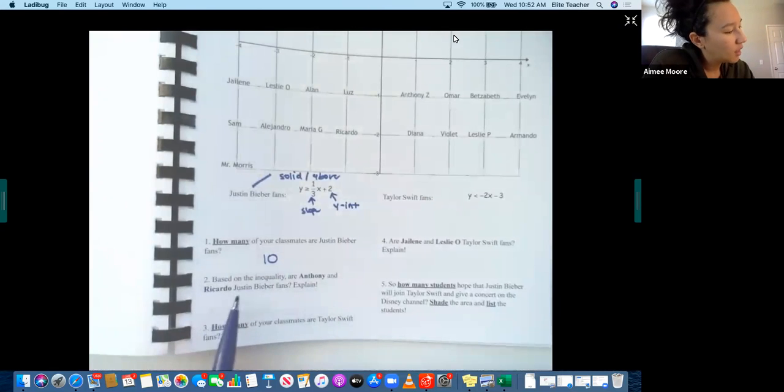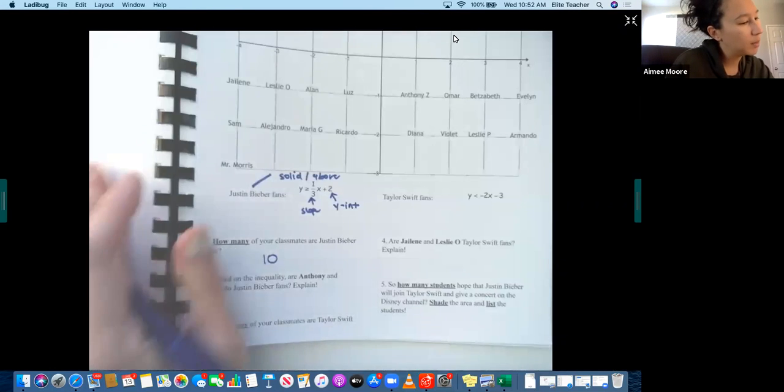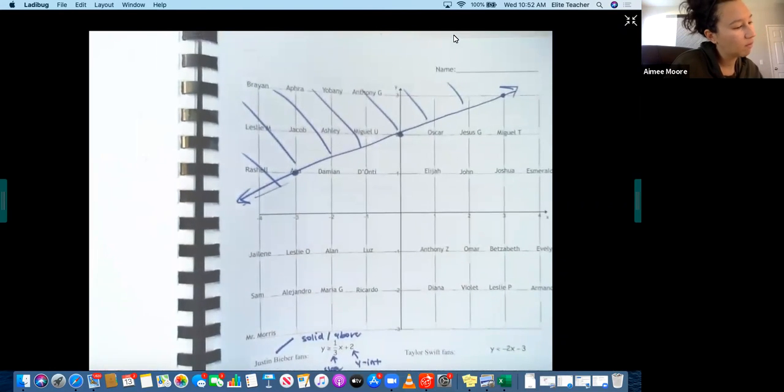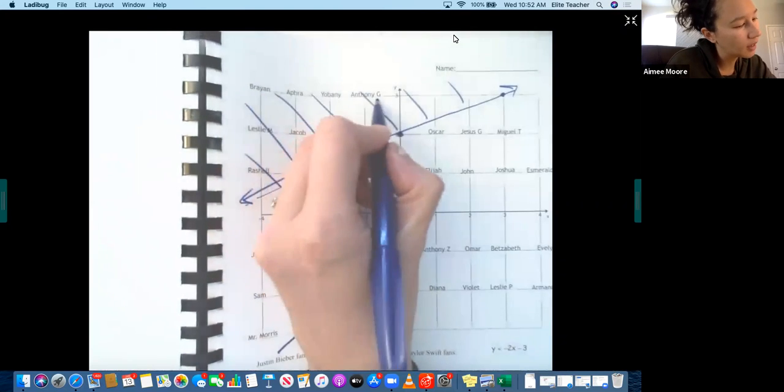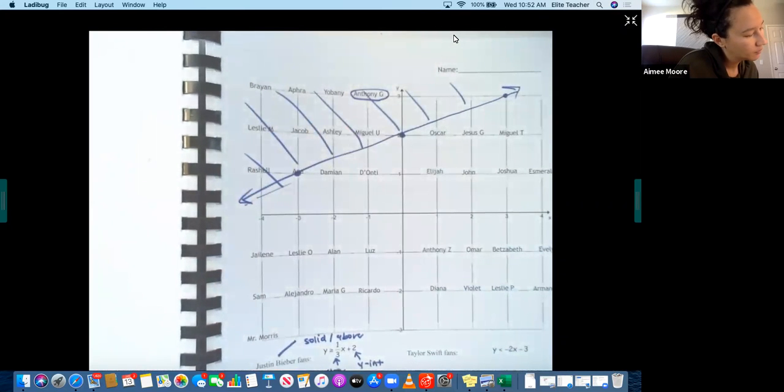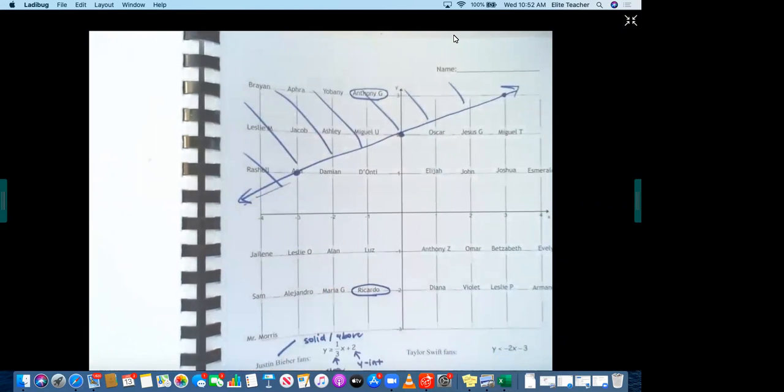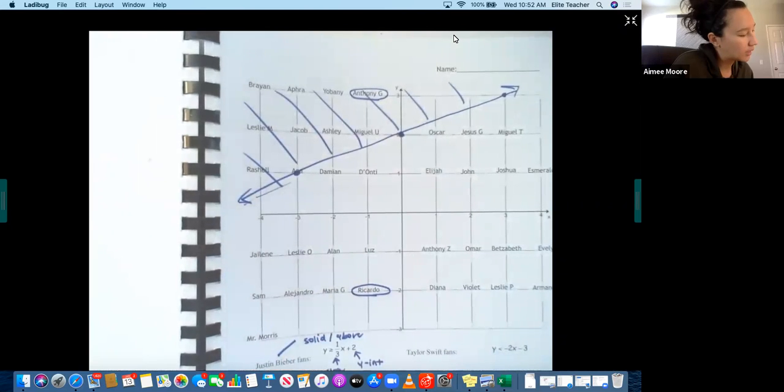So based on the inequality, are Anthony and Ricardo Justin Bieber fans? Here's Anthony. Where's Ricardo? There's 2 Anthonys. Yeah, that's interesting. You're right. There's this Anthony.